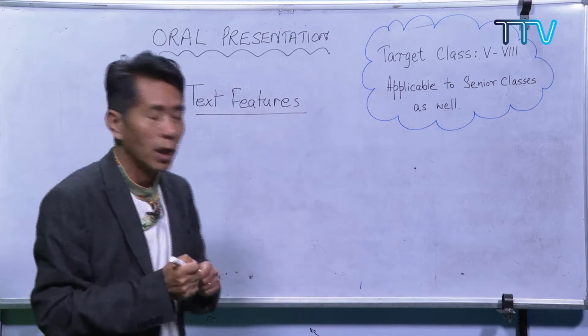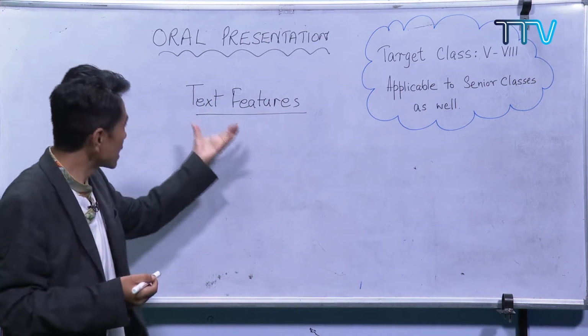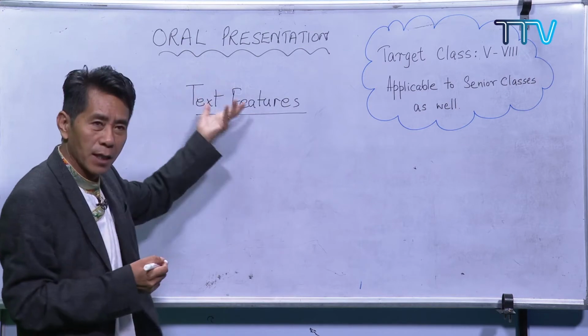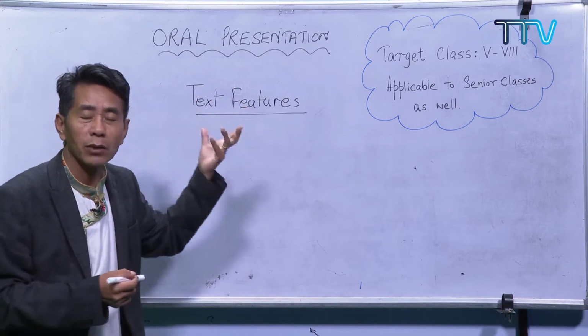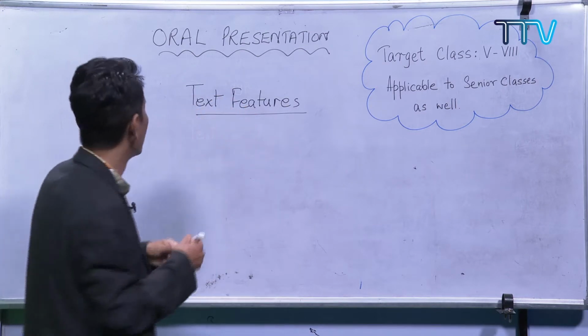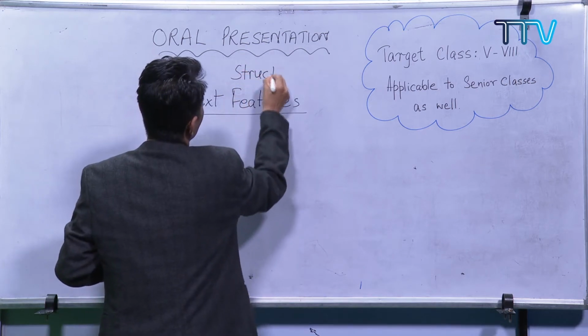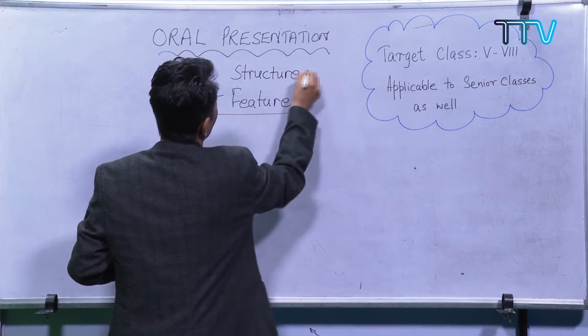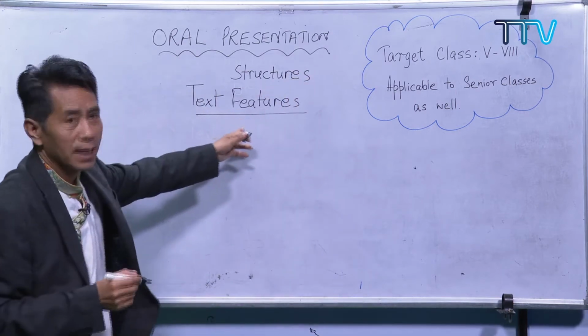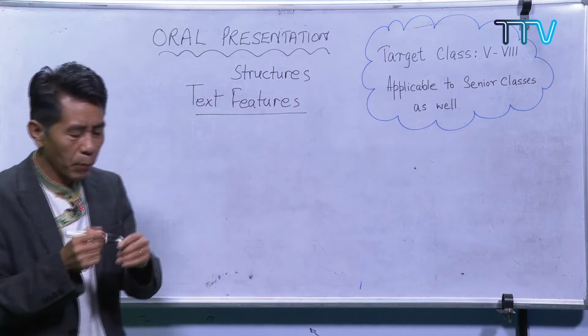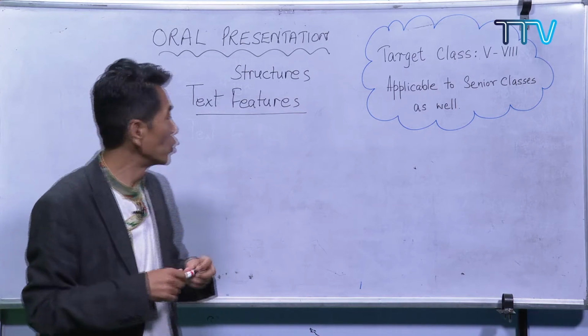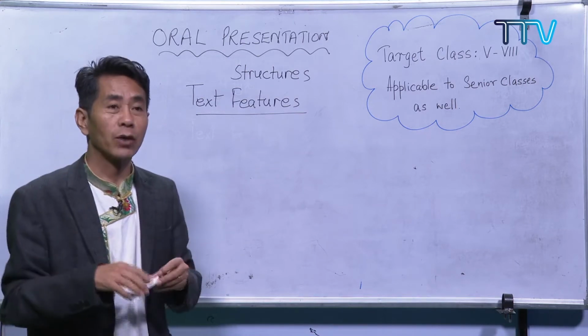This morning I talked on text features, and the previous day I talked about the different text structures. We have text structure and we have text features. Both are very important when it comes to expository writing.